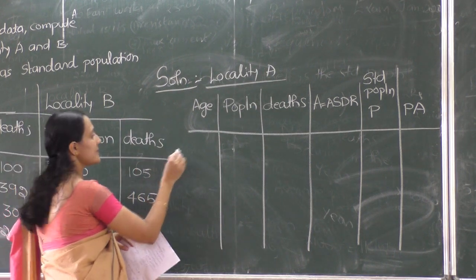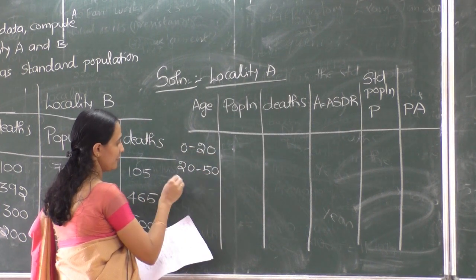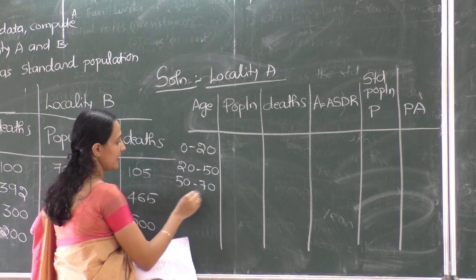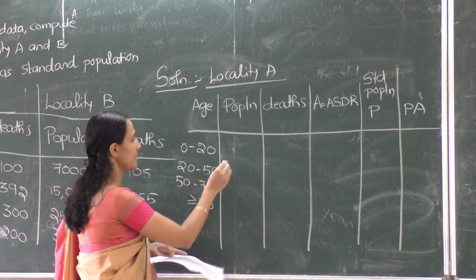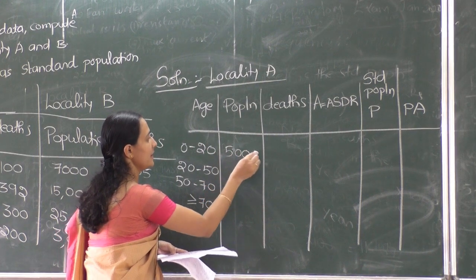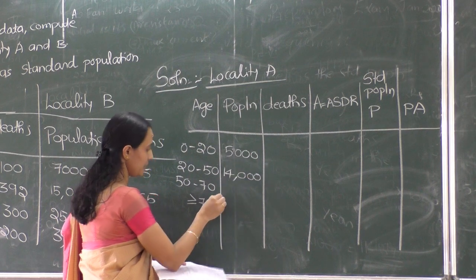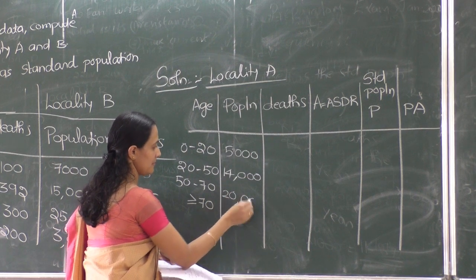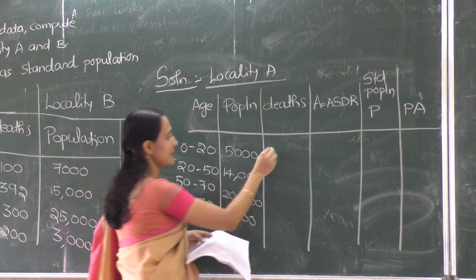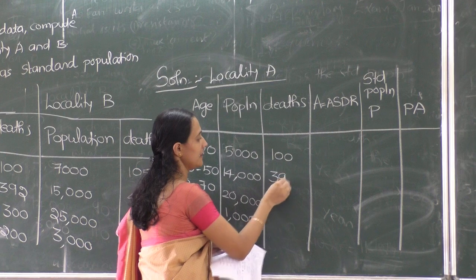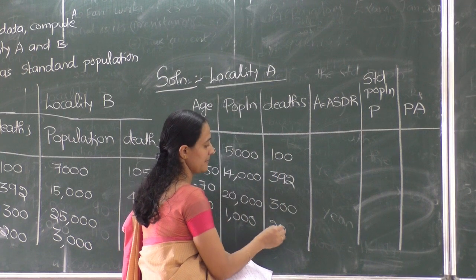So age 0 to 20, 20 to 50, 50 to 70, greater than or equal to 70. Population is city A population, that is town A population, 5,000, 14,000, then 20,000, 1,000. Then deaths also 100, 392, 300, 200.